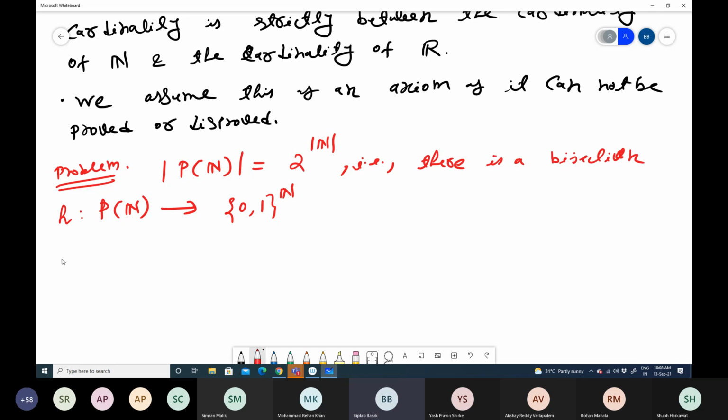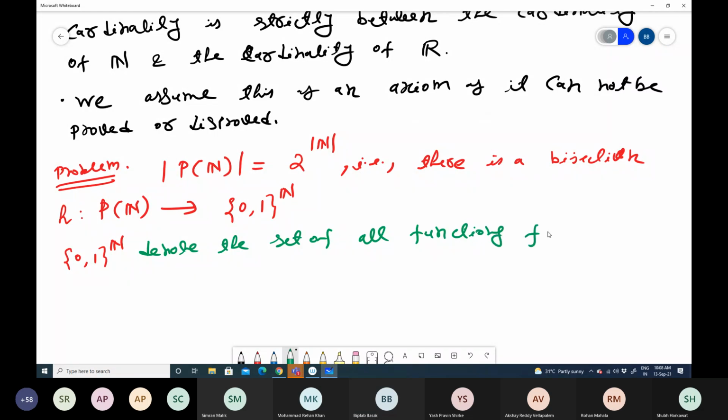Now what is this one? That is {0,1}^N. This denotes the set of all functions f from the natural numbers to {0,1}.